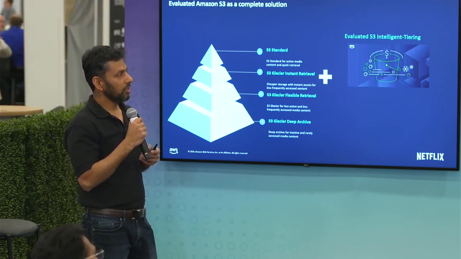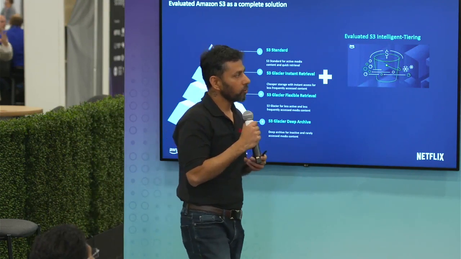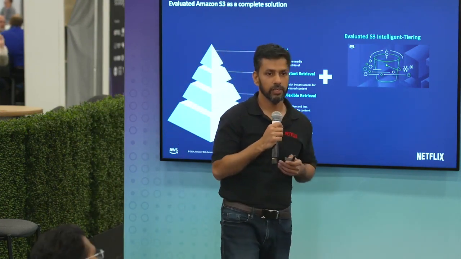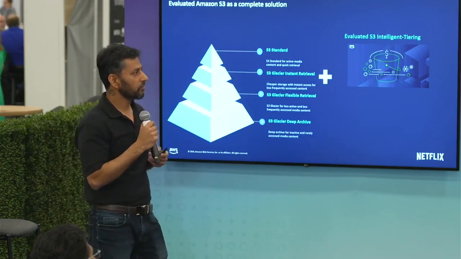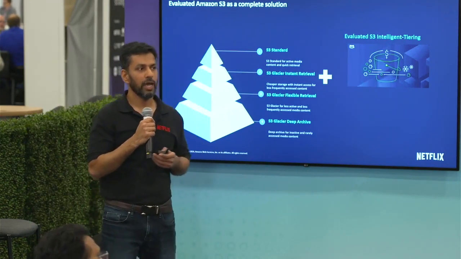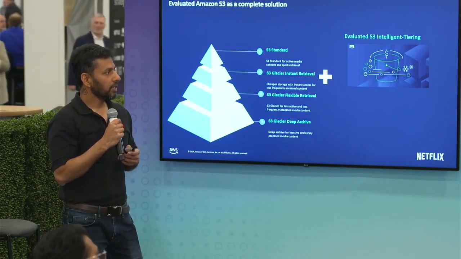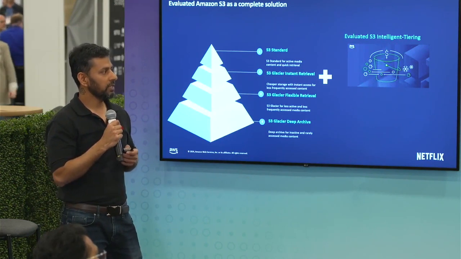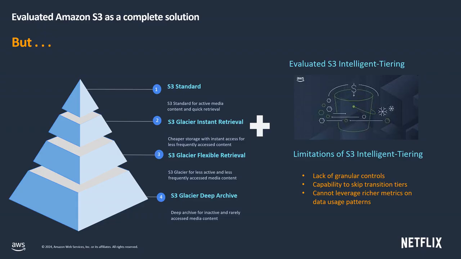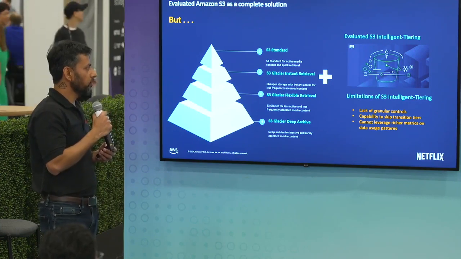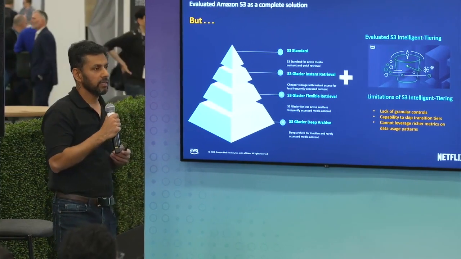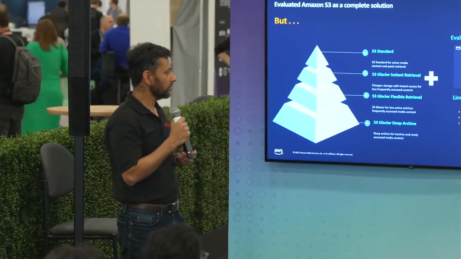Along with that, S3 also offers Intelligent-Tiering. It is a solution from S3 where it intelligently moves data from one tier to another based on access. And though this solution is great, when it comes to Netflix at petabyte scale, there are some things that it lacks, and these are the things. We wanted a more granular control. We wanted to dictate when the data moves from one storage class to another.